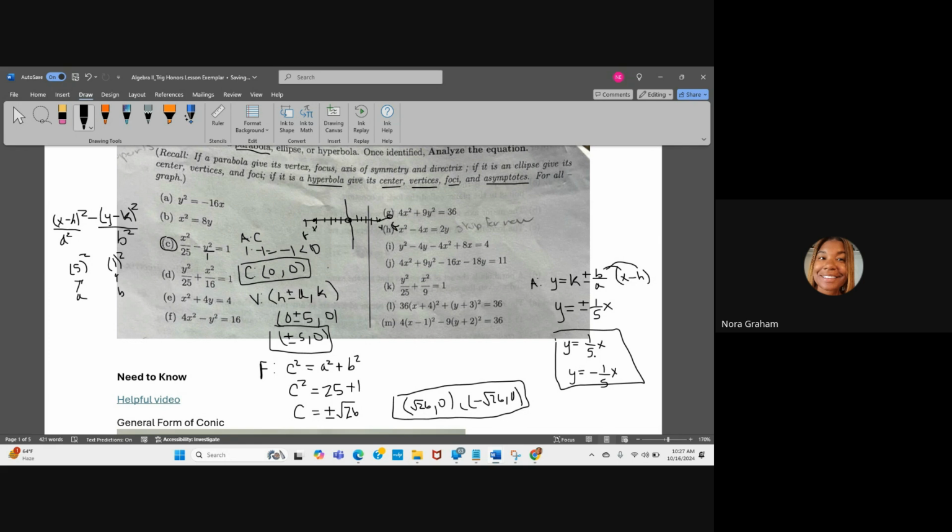And then next, let's graph our asymptotes. So remember from Algebra 1, how we just do rise over run. All right. So this is going to start in the center. So I'm going to go up 1 and then over 5. So that's 1 point. I can do the opposite to find another point. I can go down 1, and then to the left 5, which is like over here somewhere. So it's going to look kind of like that for one asymptote, and that's the y equals 1 over 5x.